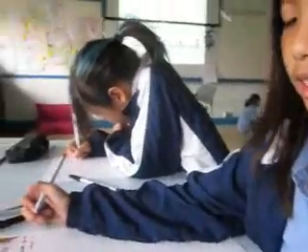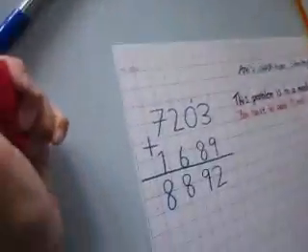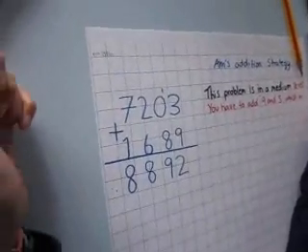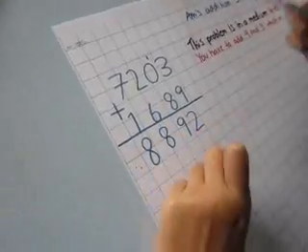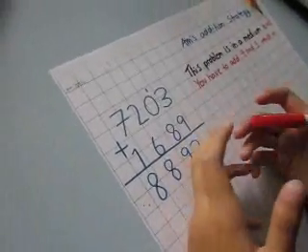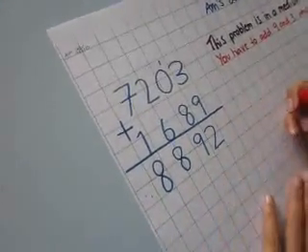Hi, Am. Can you explain what you're working on here? So the problem is 7,203 plus 1,689. And first you have to plus 9 and 3, which is 12.